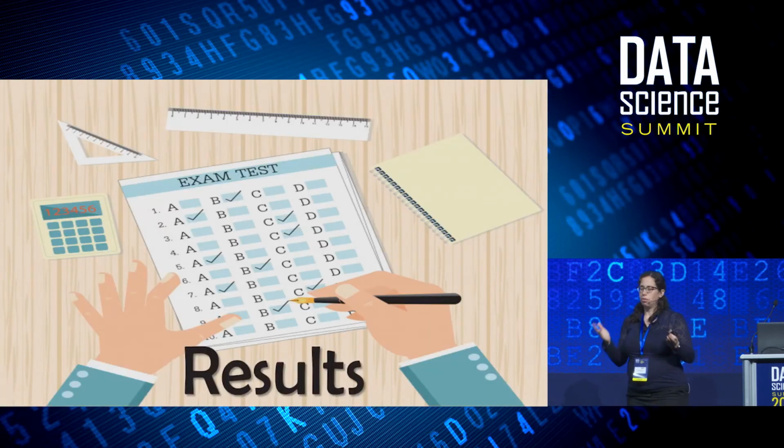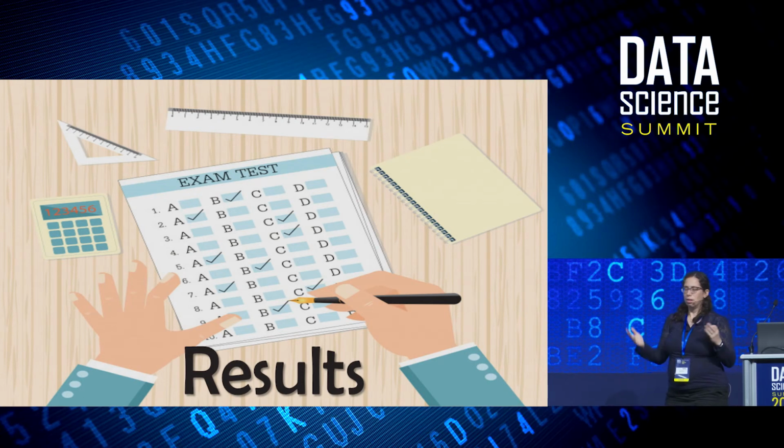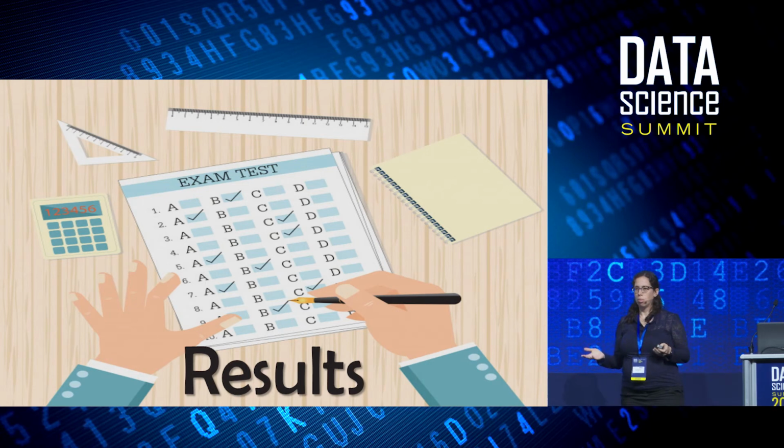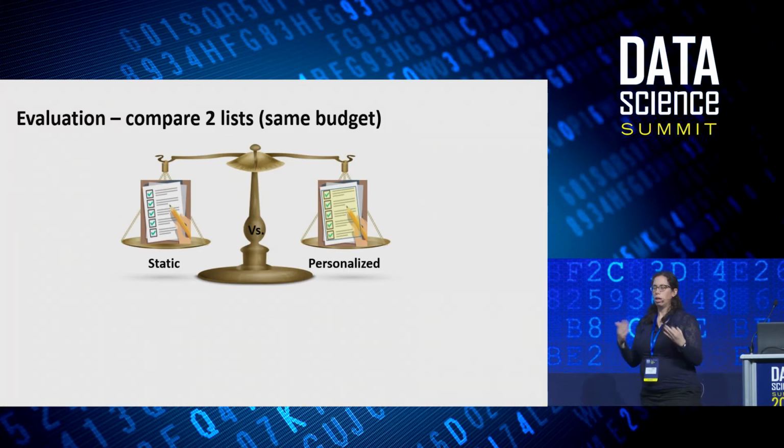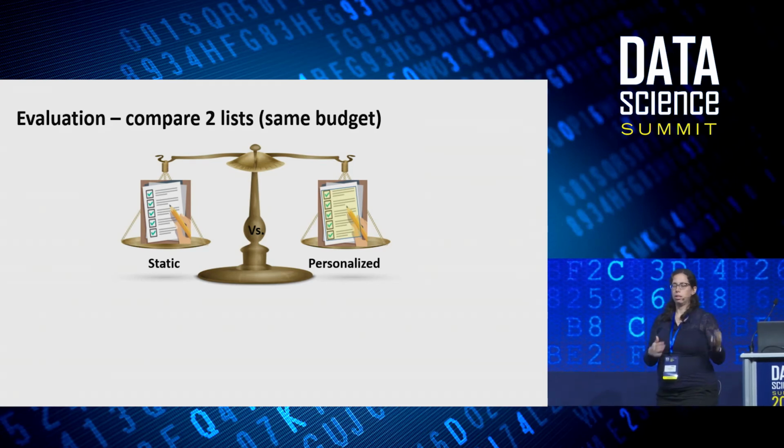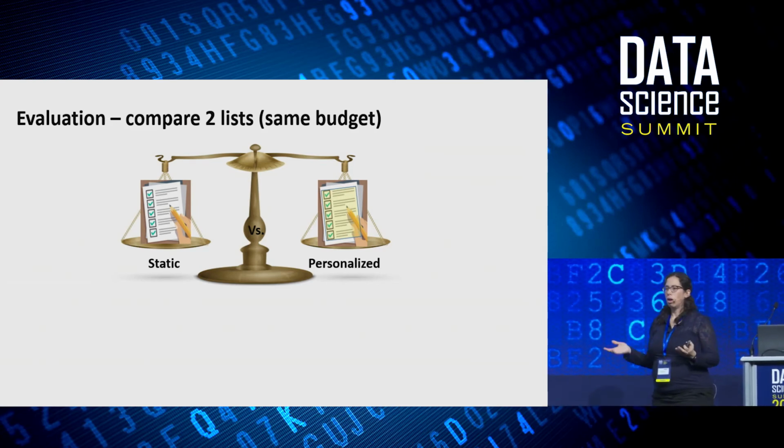So after we finished all this development and encountered those problems, we wanted to evaluate our model. For doing so, we did a controlled experiment in which every code change of any developer passed 2 lists: the static subset, and our personalized list.